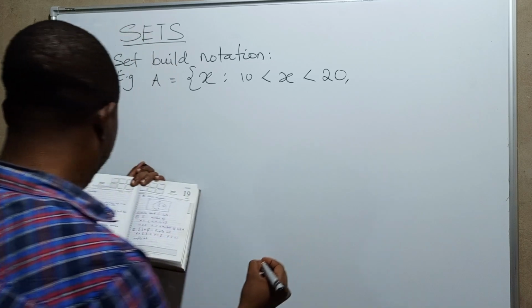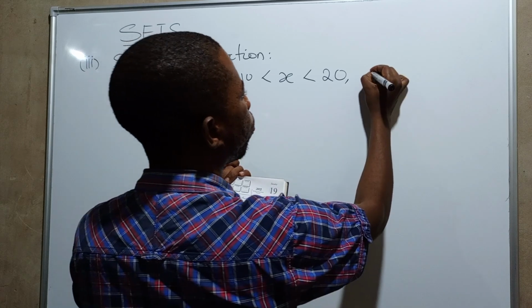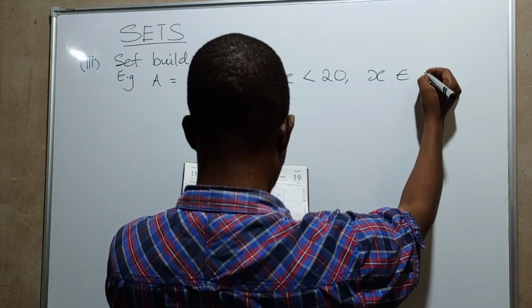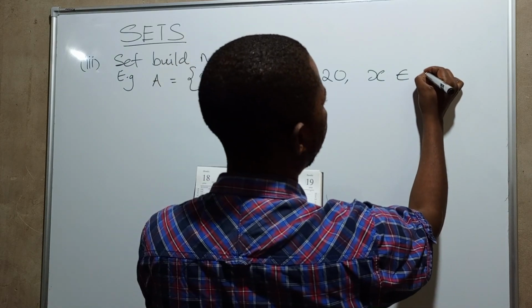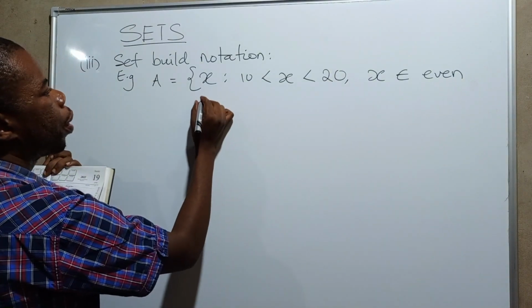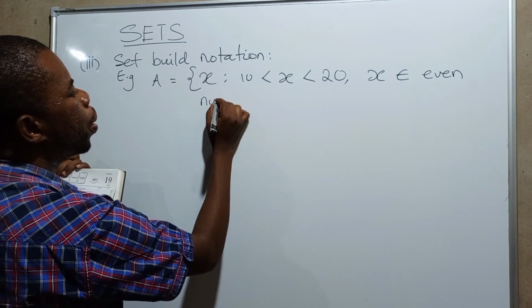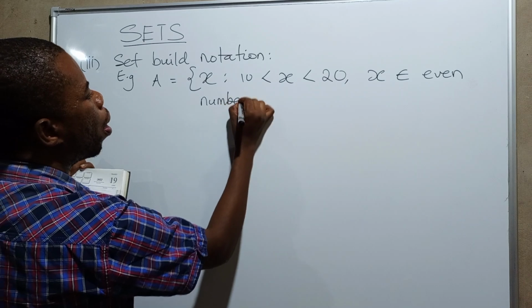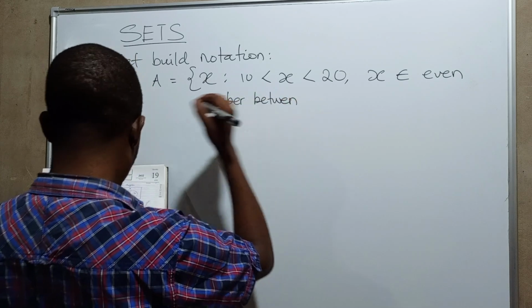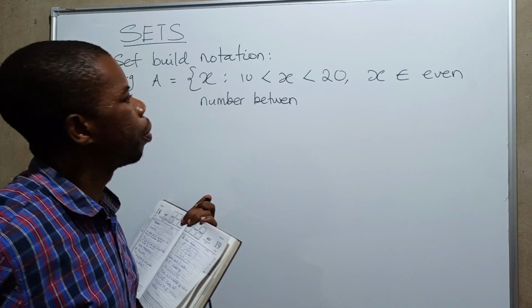Then we say that x is an even number. Just even number, nothing like saying between.